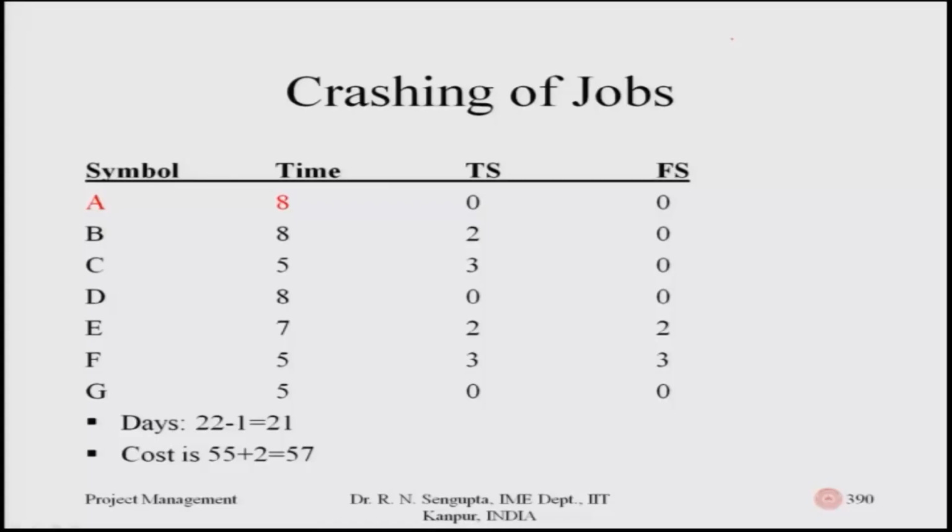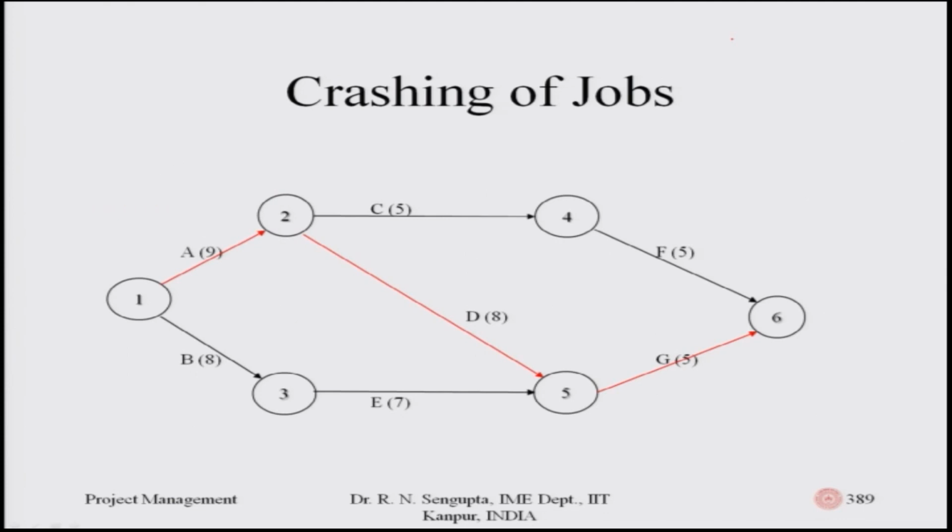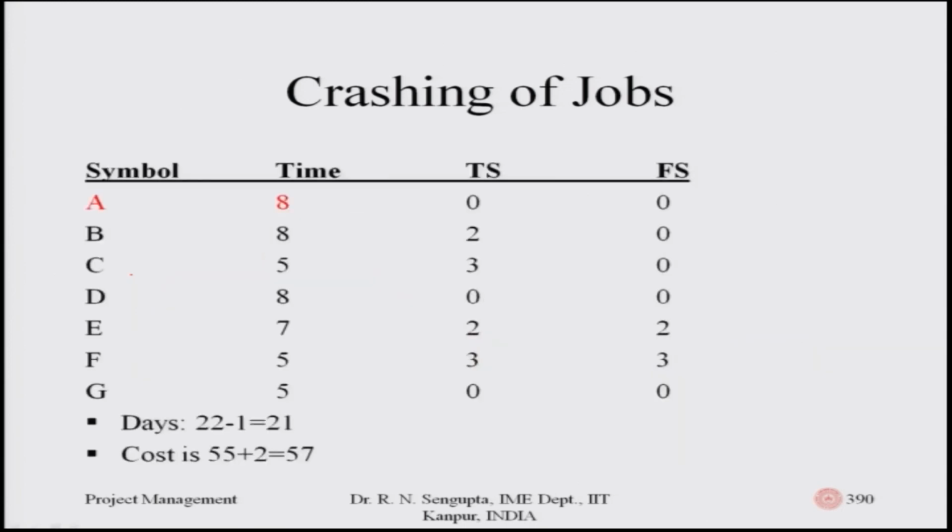So, my first highlighted activity is A. The time initially, if you remember, with due permission and apologies to the students, I will go back to the last slide. So, here A, where I am hovering my pen, A is 9. So, 9 is now going to become 8. A becomes 8.